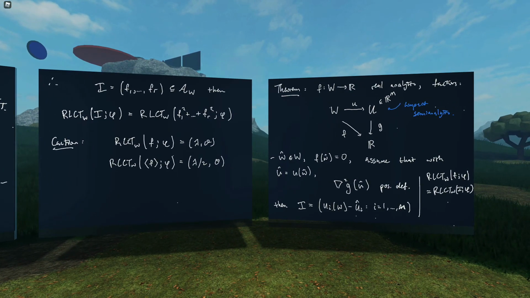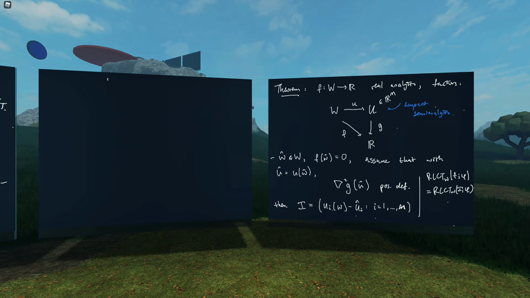So therefore we have that the RLCT of w prime.